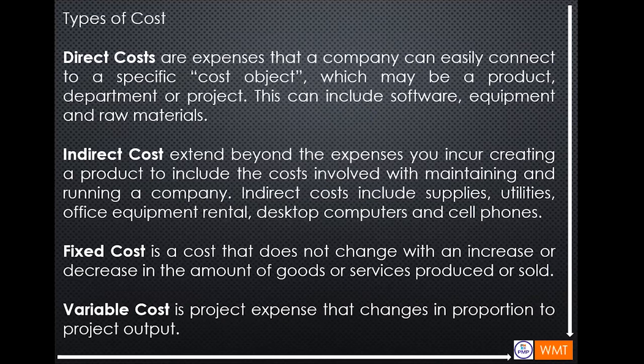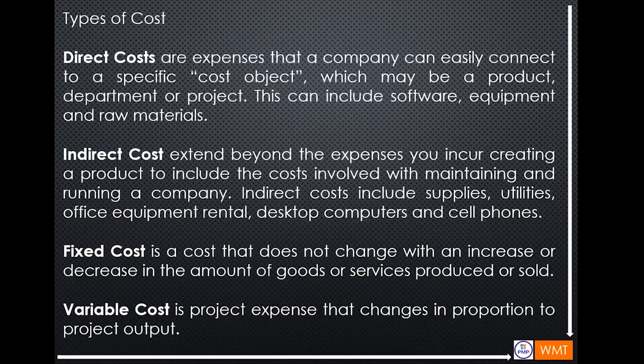The direct cost, as explained here, is expenses that a company can easily connect to a specific cost object, which may be a product, department, or project. This can include software, equipment, and raw materials.